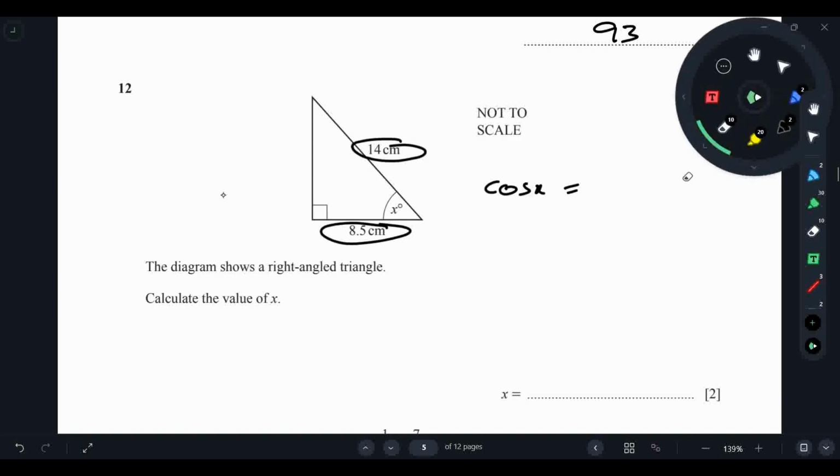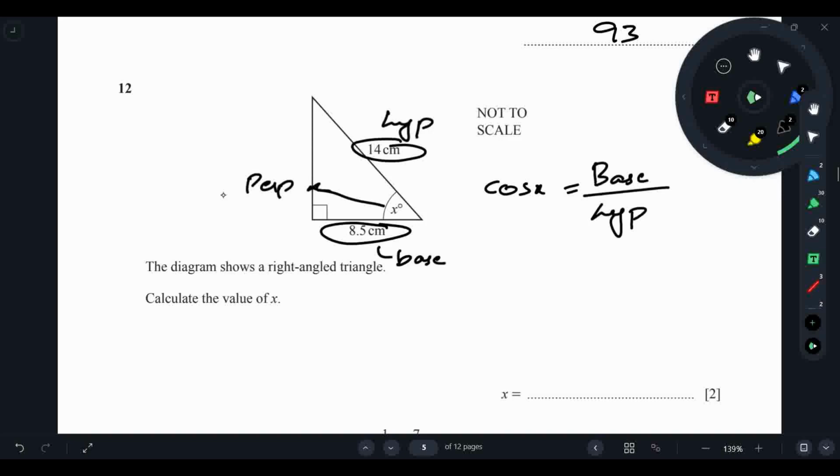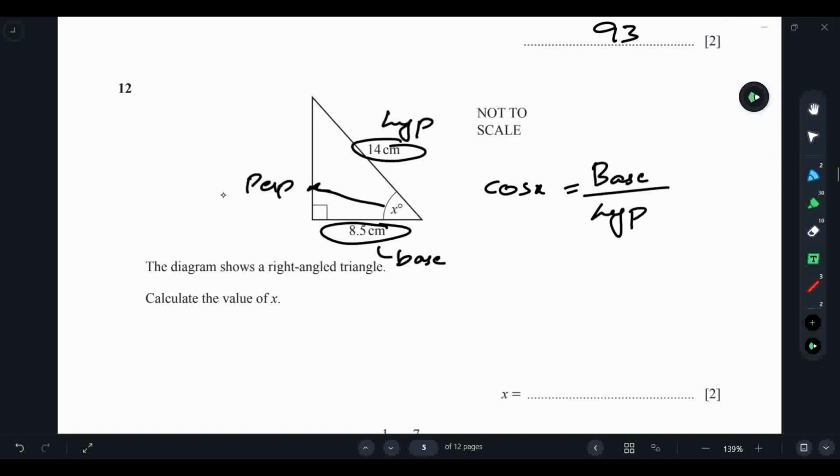The side opposite to the 90 degrees is the hypotenuse, and the third side should be the base. Now, if we simplify it, cos of x is equal to 8.5 divided by 14.